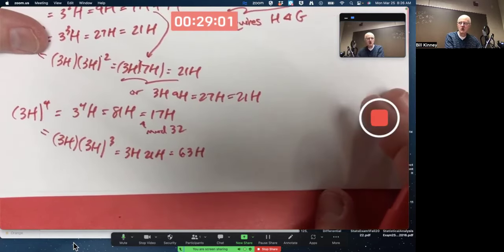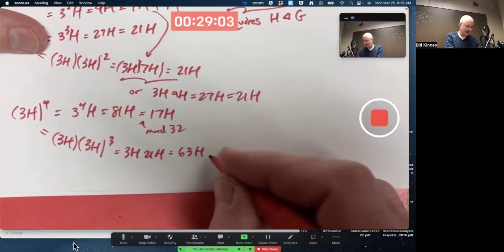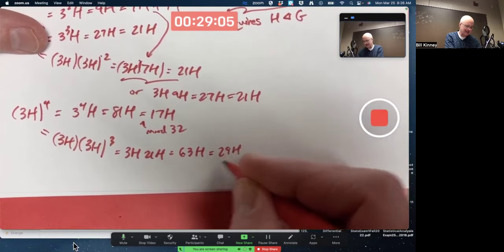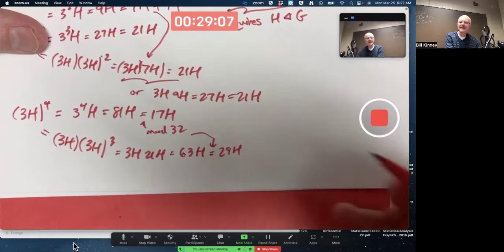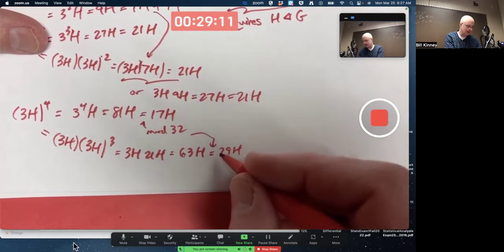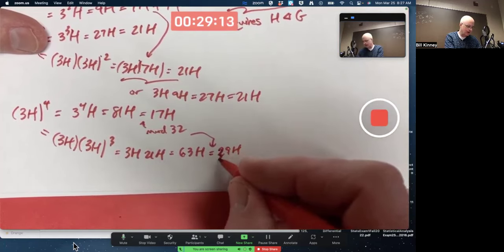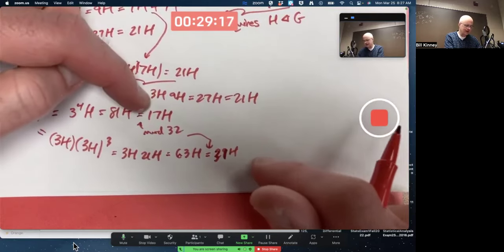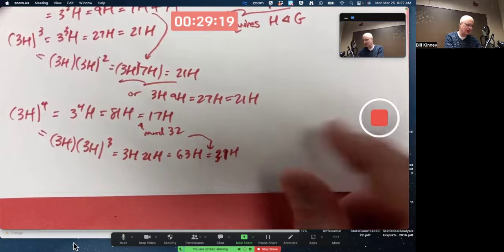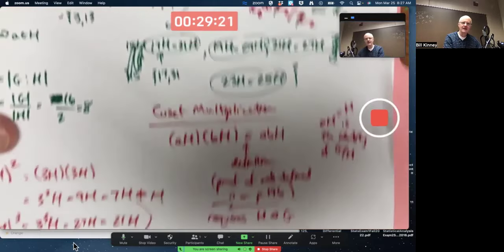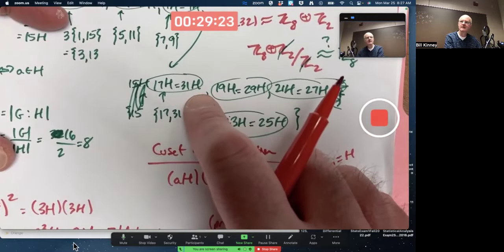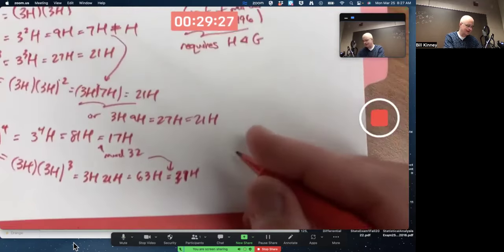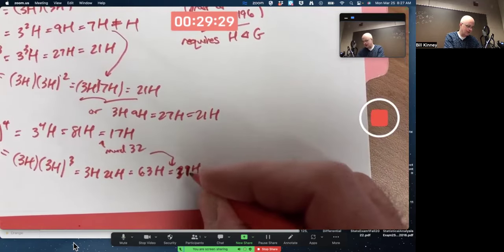Mod 32 is, excuse me, 63 mod 32 is 31. 31H. Looks different, doesn't it? 31H and 17H. Well, guess what? They should be the same. Yep, they are. 31H equals 17H.